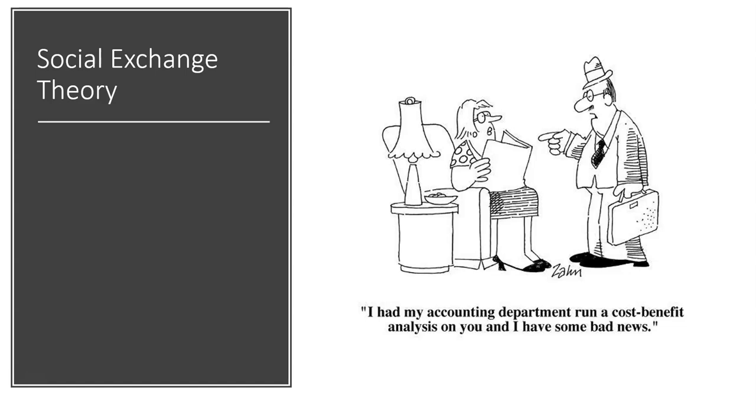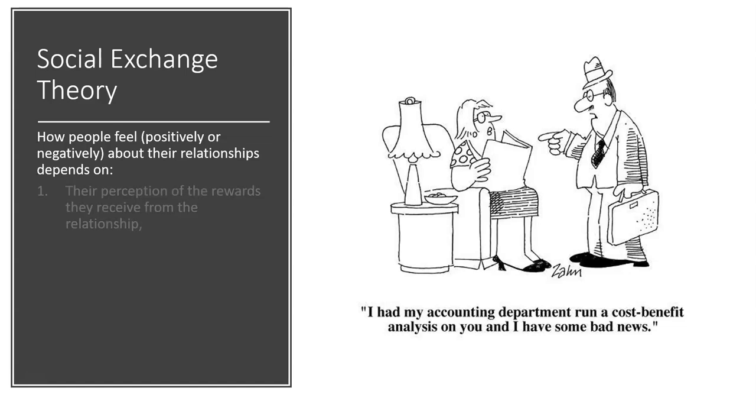The theory is based on the idea that people's feelings about their relationships are going to be affected by how they perceive the rewards and costs associated with that relationship. There'll be thoughts about what you believe the rewards are in the relationship, everything from companionship to economic security to friendship to intimacy to sex, children, whatever the rewards are that you perceive.